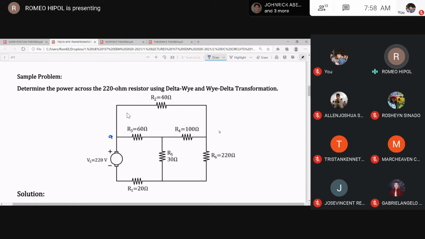Let's set terminal A. For a complex circuit, you can set different terminals, depending on you. Let's use A, B, E, C, D. So that means we now have terminals.